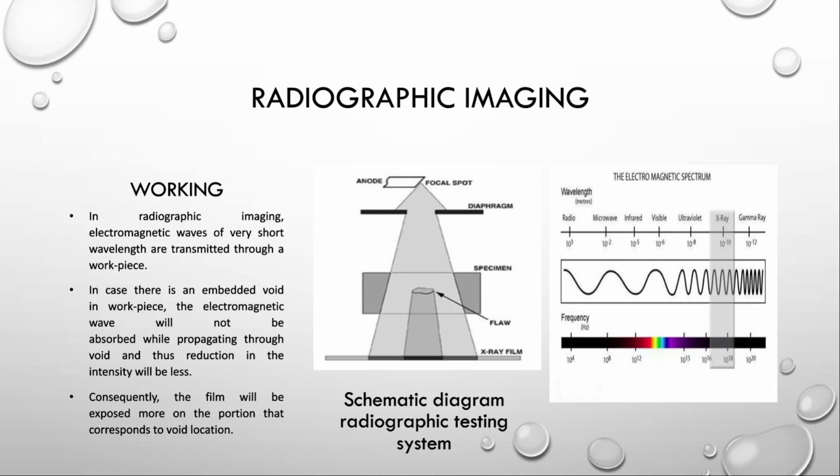If there is a flaw present, in the film you can see two different intensities: one when there is no cavity and another when there is a cavity. Using this phenomenon, we come to know if there is any cavity or defect in our component, and this is the working of radiography.